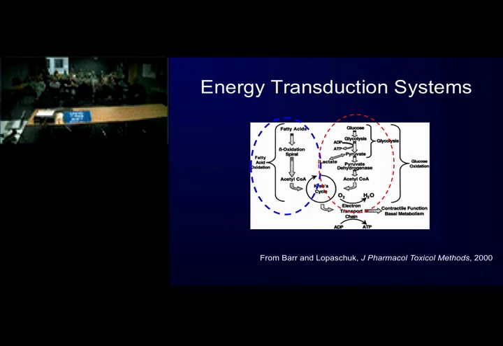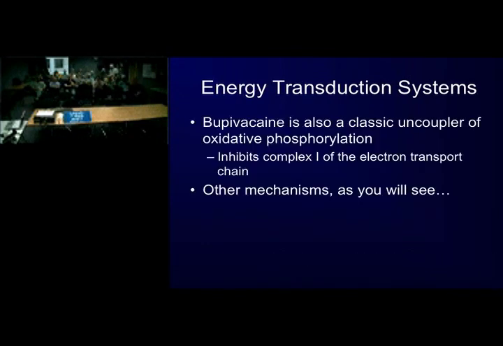If this side is knocked out, then it goes to a glucose oxidation pathway, but the generation of ATP isn't as robust as it is with fatty acid oxidation, where you can have a great throughput to get a lot of ATP. So in terms of the energy transduction systems, bupivacaine is a classic uncoupler of oxidative phosphorylation, the step at which you get ATP with aerobic metabolism.